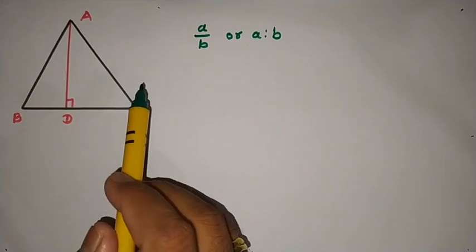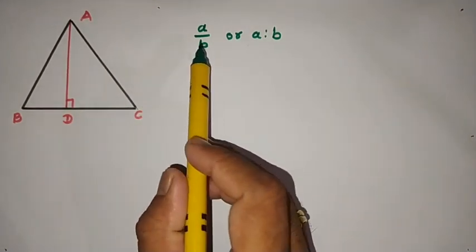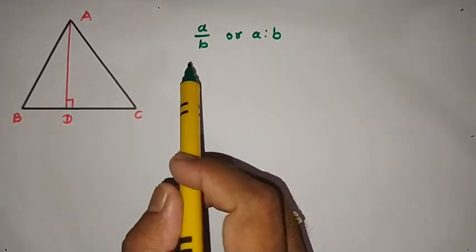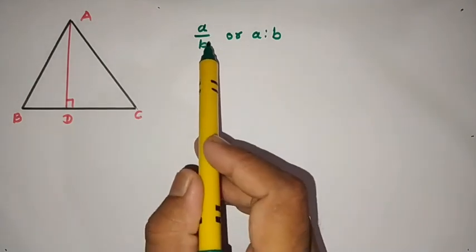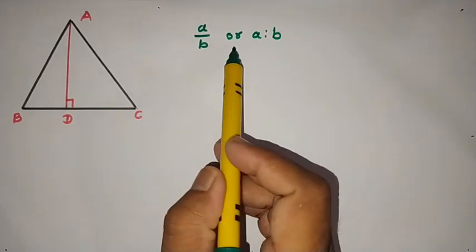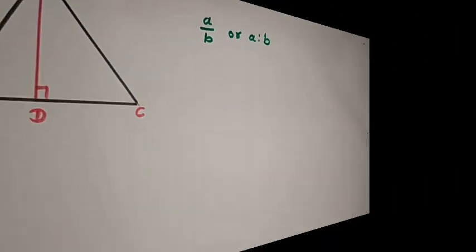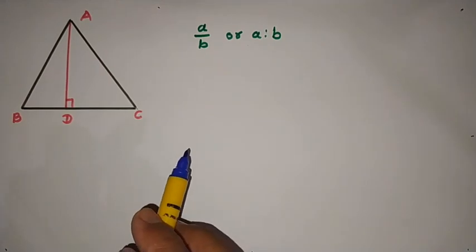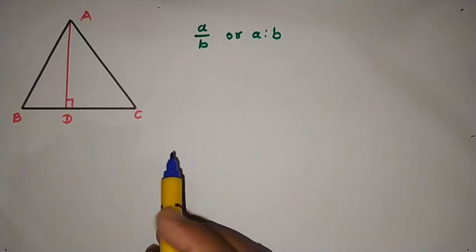Let's remember, we have studied ratio and proportion. The statement A and B are in the ratio is also written as A : B. In the previous standard, we studied the area of any triangle.